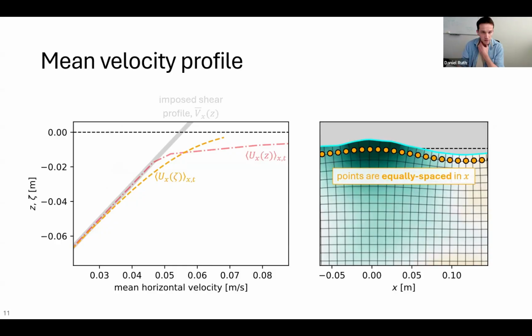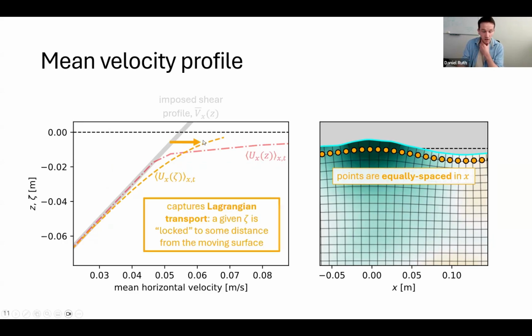And the next thing to consider is looking at points that are now parameterized in the surface-aligned system. So now instead of z, we're going to be looking at things as a function of zeta, which again is the distance beneath the instantaneous surface position. And then if we do an average where we take values along this line of constant zeta, but space the points equally in the lab horizontal frame, we get this curve, which is still increasing a bit relative to what we've imposed.